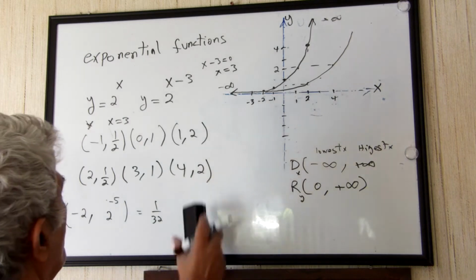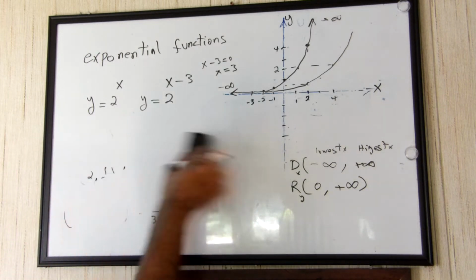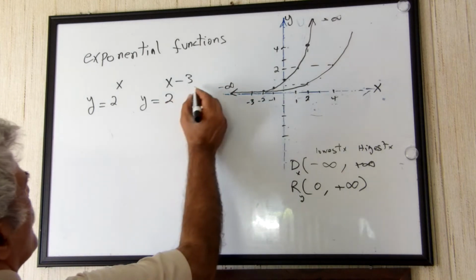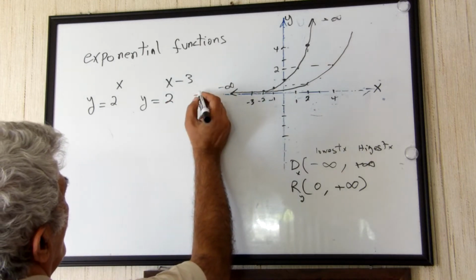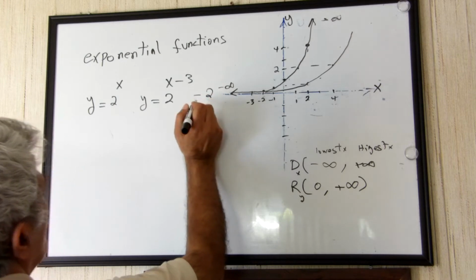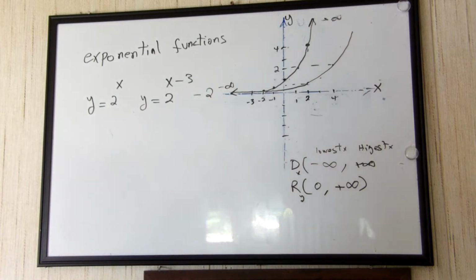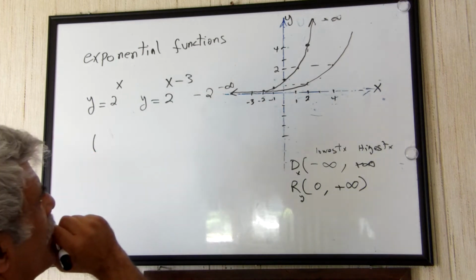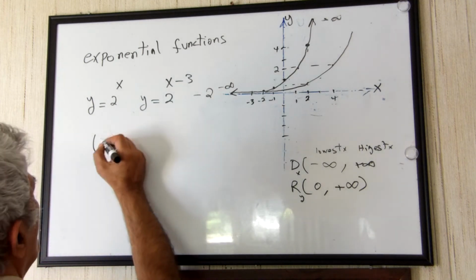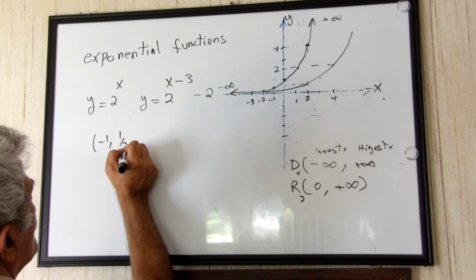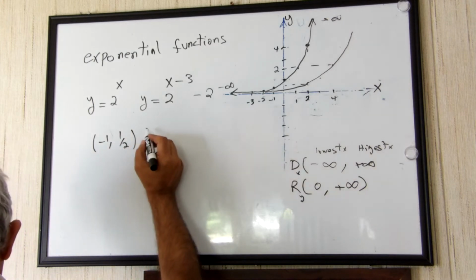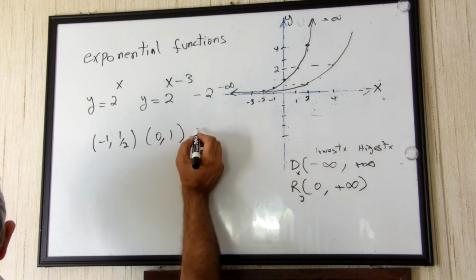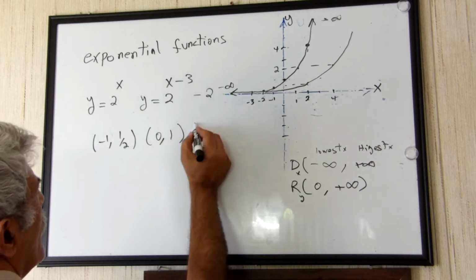So let's make it more complicated. Now we say x minus 2... What's going to be? See, we write those points. We shouldn't erase that. Minus 1 was 1 over 2, and the points 0, 1, and 1, 2.